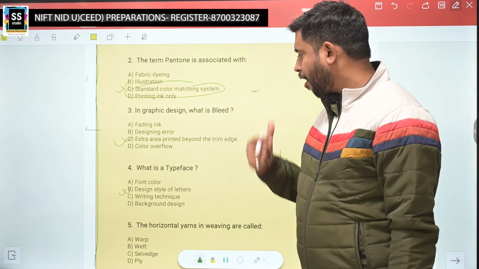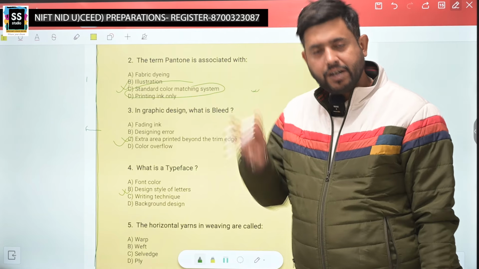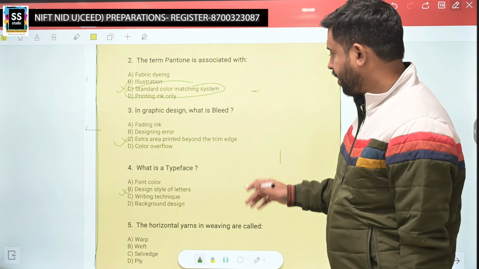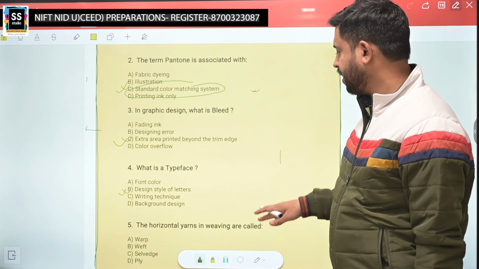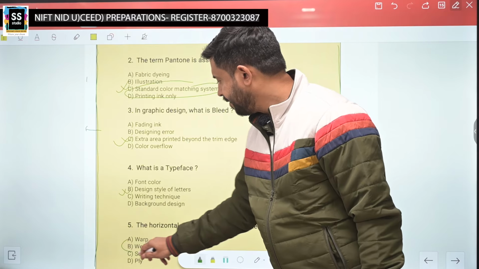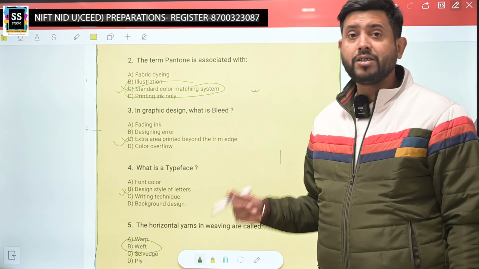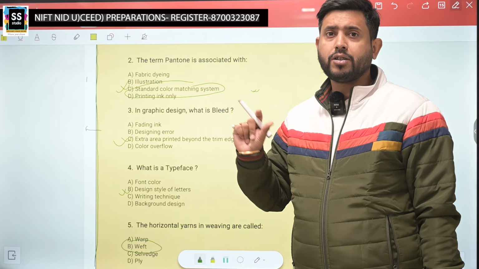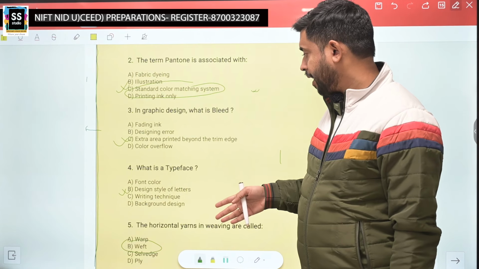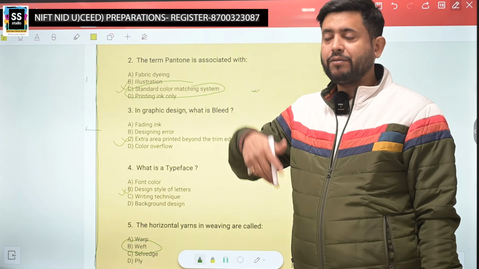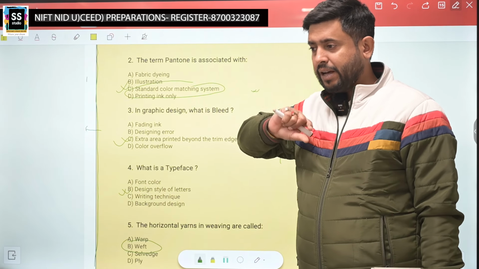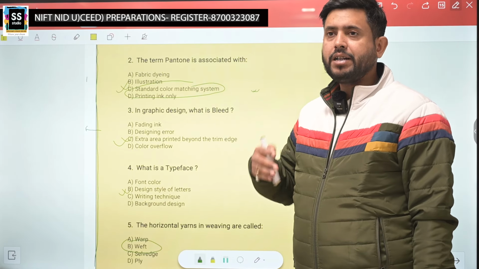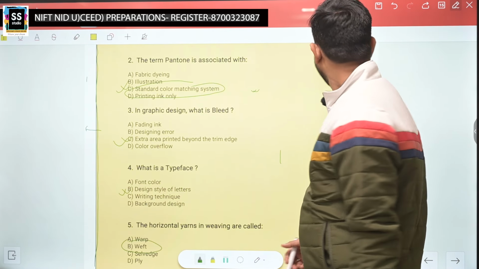So warp is basically the vertical line and weft is the horizontal line. All right. So here the horizontal yarns in weaving are called weft. Now what is selvage? Selvage is basically the unfinished edge of the fabric, of that particular warp and weft. So the edge of that particular fabric is not even. All right, so that's called selvage.